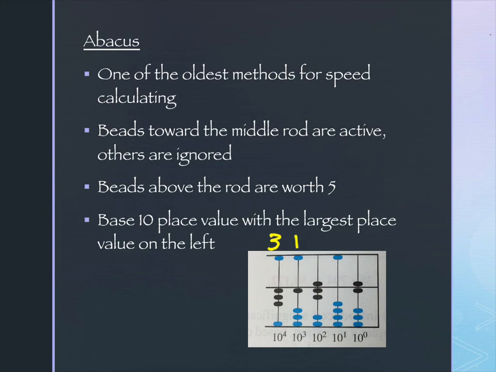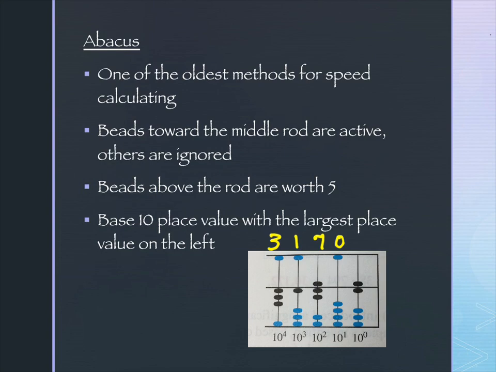The third rod is the first time where we see a bead from above and below pushed. The one from above is worth 5. The ones from below are worth 1 each. So that would be a 7. On this rod, the 10 to the 1 rod, there's nothing pushed toward the middle. So that means it's the number 0.